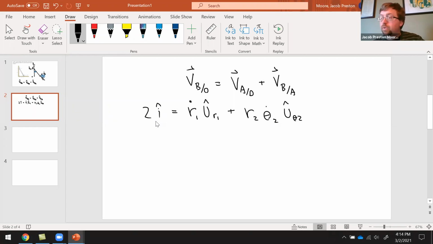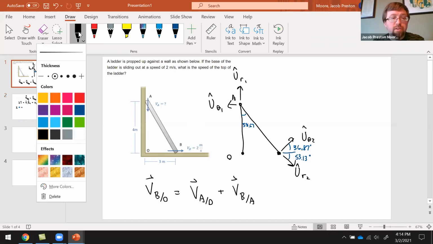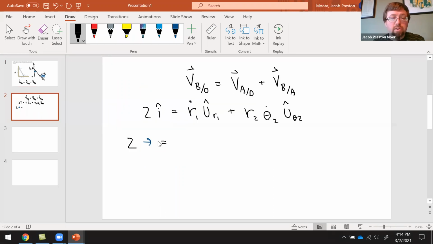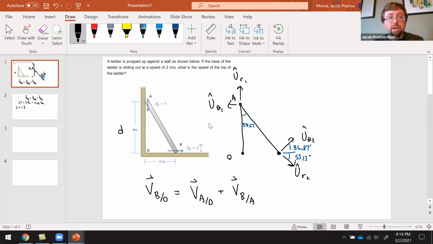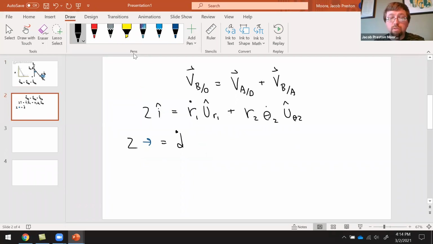If I put in the actual directions and some of the numbers, I'm going to get 2, and the I direction goes this way. R1 dot, let's call this 4 meters. This is what's changing, D. So D dot is R1 dot, the rate of change of that length, and the UR1 direction was just going straight up. Then R2 theta dot 2.